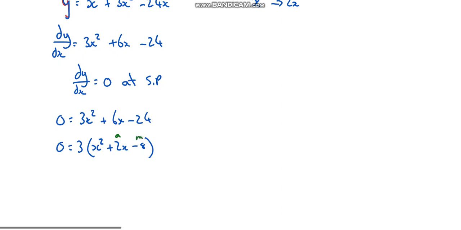So I'm thinking 4 and negative 2. So x plus 4, x negative 2, which means that the roots of my equation are x is negative 4, x is 2. And by roots, what I mean is the solution to when dy by dx is equal to 0. So yeah, the x-coordinates are 2 and negative 4.